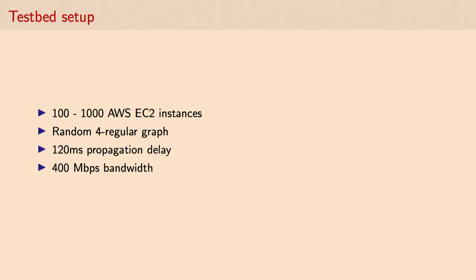And we connect the nodes into the same topology as in the demo. It's called a random 4-regular graph. Every node connects to 4 random nodes. And we introduce a 120 millisecond propagation delay to each link between peers. And for every node, we set a 400 Mbps ingress and egress bandwidth limiter to emulate a real internet.